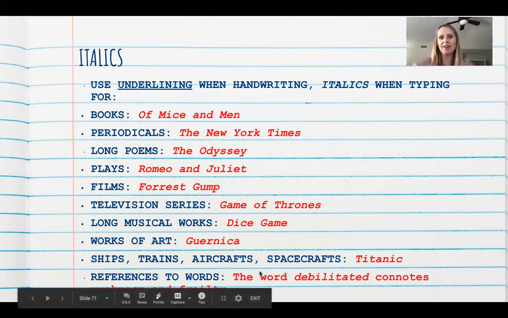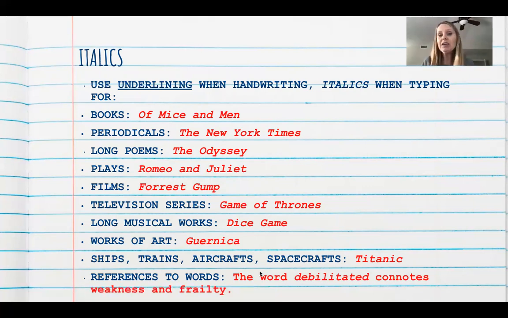So those all have italics when we're typing. If you're handwriting, sometimes it's hard to tell if something's italicized. So whenever you're handwriting something, if it needs to include the title of a novel or a play or something, you underline it. That's only when you're handwriting. When you are typing, use your italics. You can easily hit the italicize button.